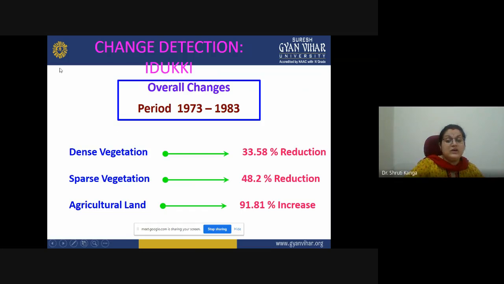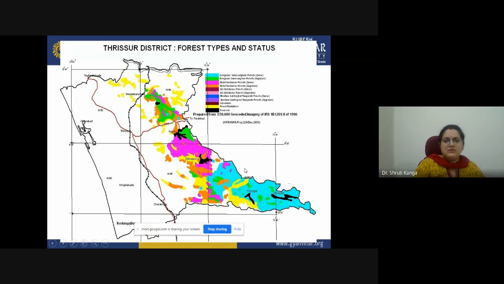Dense vegetation has reduced up to 33.58% if you calculate from 1972 to 83. In just 10 years, it has reduced up to 33%. The sparse vegetation has reduced up to 48.2%. This is as per the case study, and they must have done some calculations with reference to quantification activities in the area.